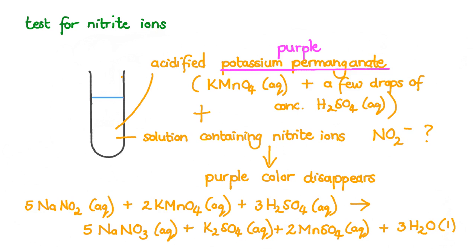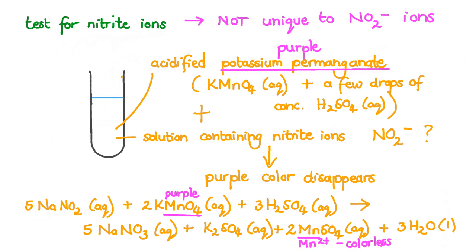Here is the equation for the reaction, again using sodium nitrite as the example. The purple permanganate ion is converted to the colorless manganese 2+ ion. This is also a redox reaction, but we won't go into the details here. This test for nitrite ions is not unique to these ions.